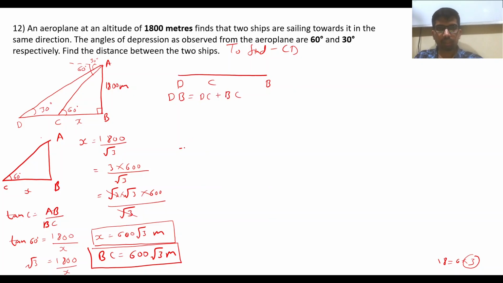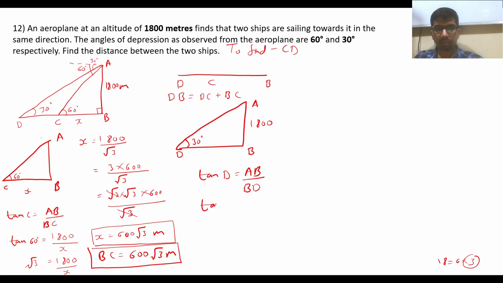ठीक है. Now take the big triangle now. We take the big triangle over here. We got ABD. ABD. ठीक है. This is 30 degree. This is 1800 meters. Again we'll apply tan formula. So tan D is opposite side upon adjacent side.